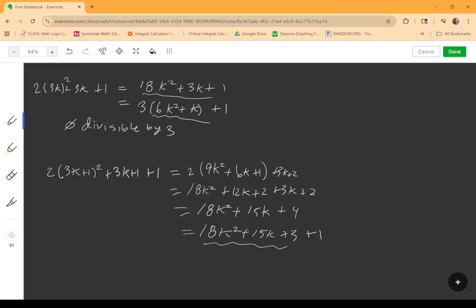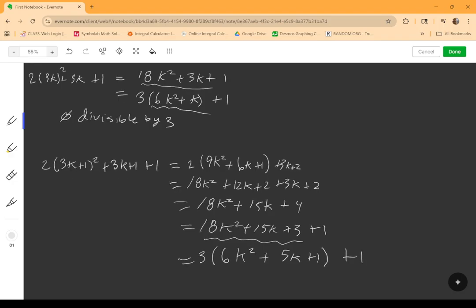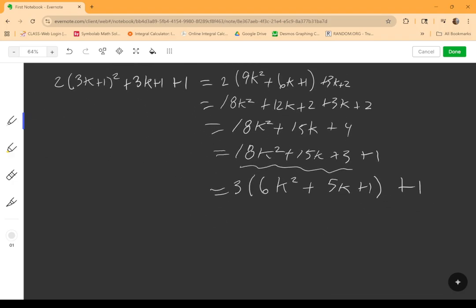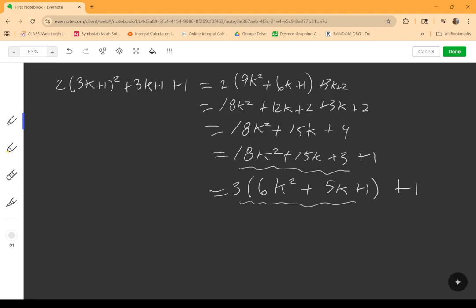Then looking at this part here, I can see that is a factor of 3, and we get 3 times (6k squared plus 5k plus 1), plus 1. And again, it is the form of an integer that is not divisible by 3, because this whole thing is an integer. That part is divisible by 3, but then we have the plus 1. So that quantity is not divisible by 3. All right, so we have proved case 2.